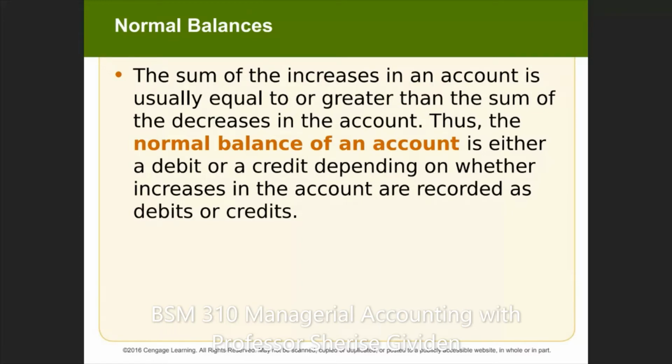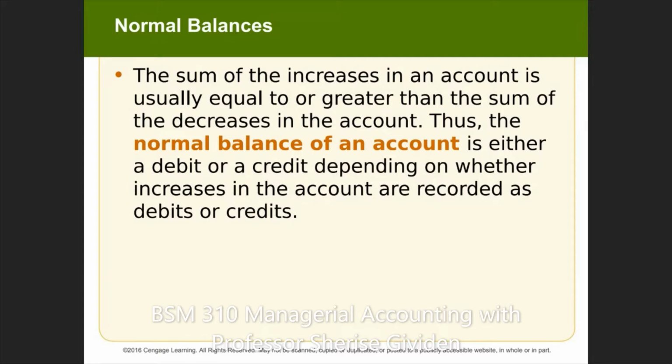So, the normal balance of asset accounts is a debit because it's going away from the zero. Your normal balance is going to be a positive number. The normal balance for your liabilities is going to be a credit. It's going away from the zero.